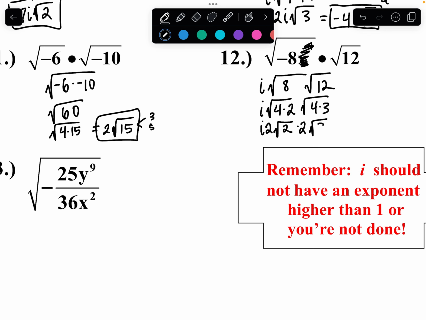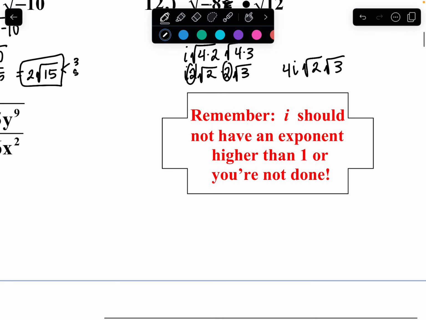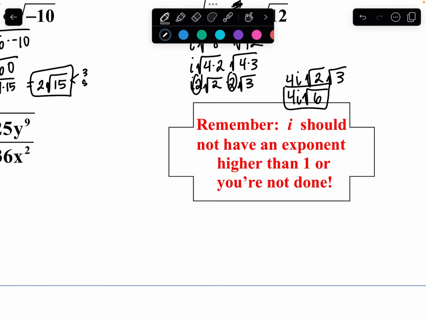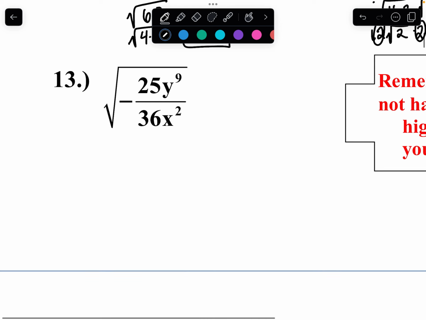Take a 2 out of the second radical, leave the 3 behind. Bring those 2's out front, and you would have 4i. And then you would have square root of 2 and square root of 3. And so for your final answer, you would just combine them to 2 times 3 under the radical and get 4i square root of 6.